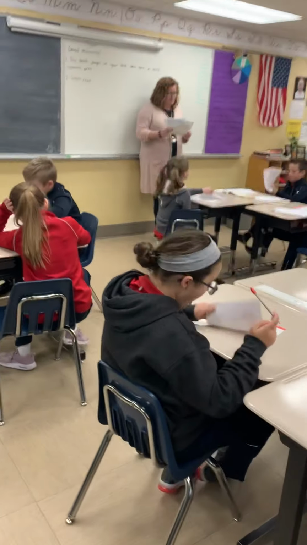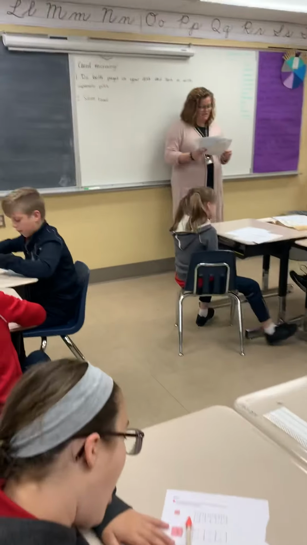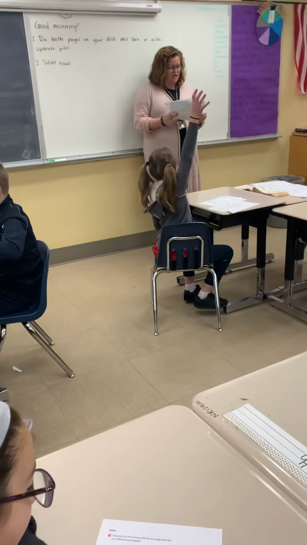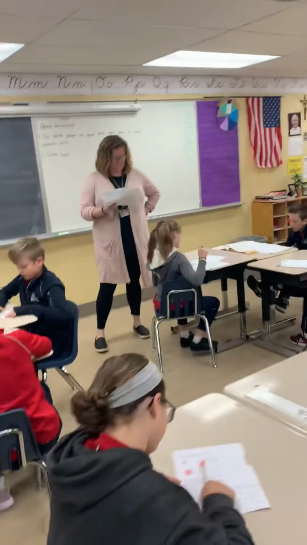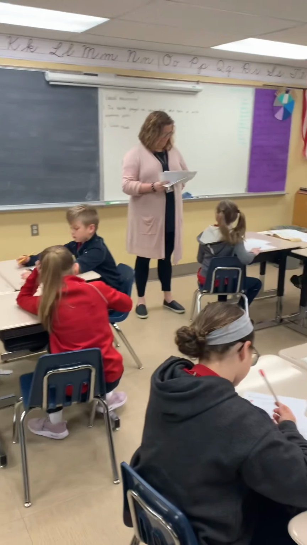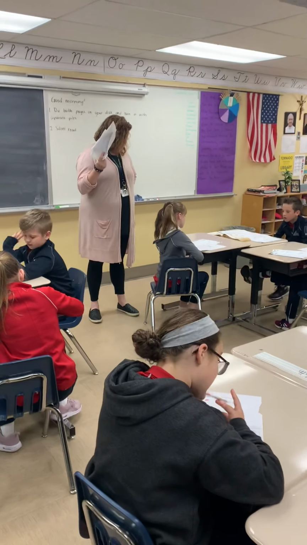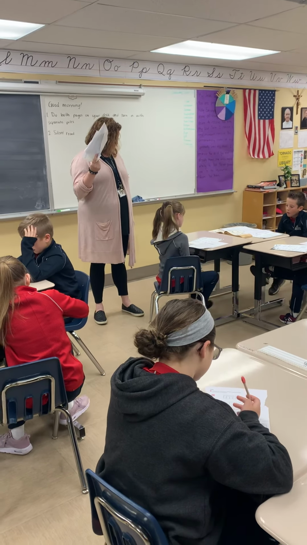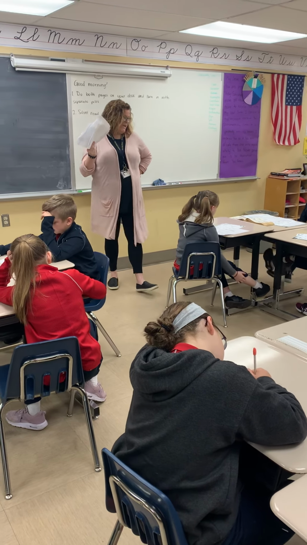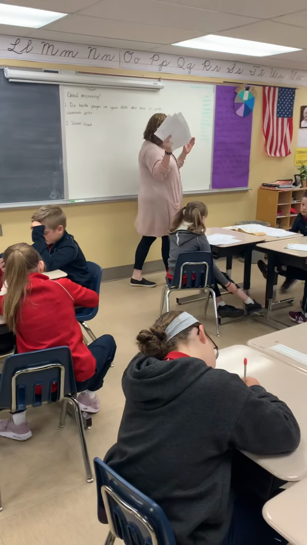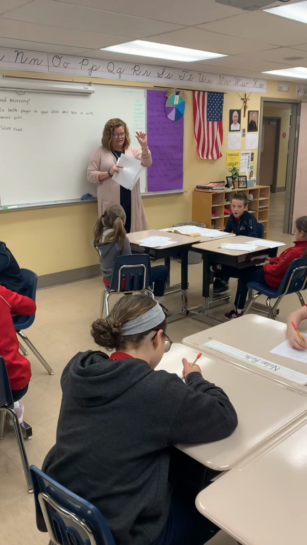Number 5. Draw lines to show how to fill the rectangle with 2 different size squares. Yeah, you connect the dots. Okay. So you filled it in with 2 different size squares. So for one, you would use the dots closer together, right?